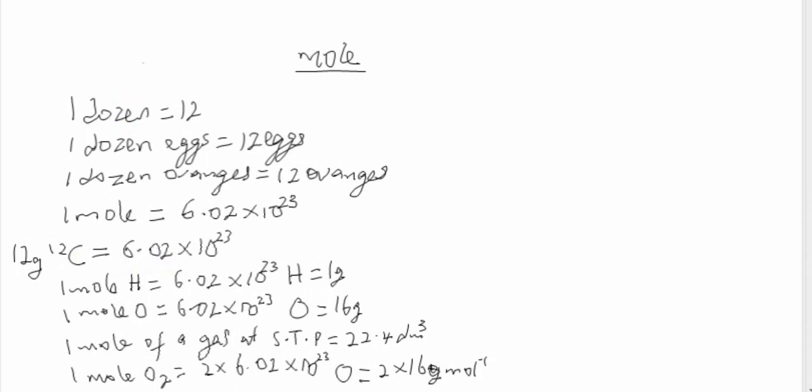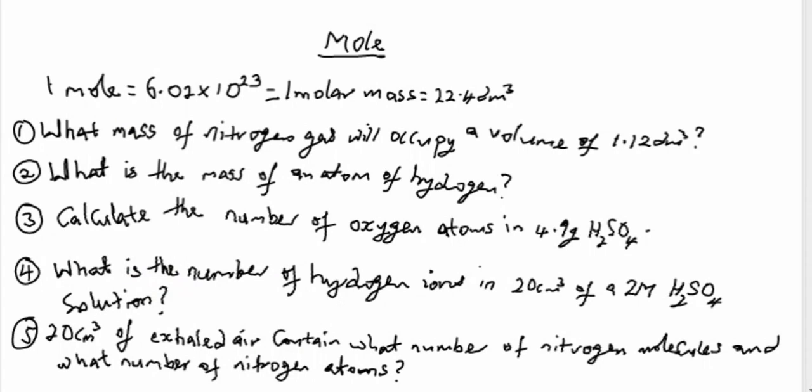From the video, we can conclude that 1 mole of any substance contains this number of particles. The mass of 1 mole of any substance is called the molar mass of the substance.